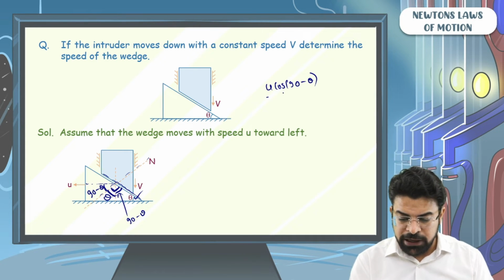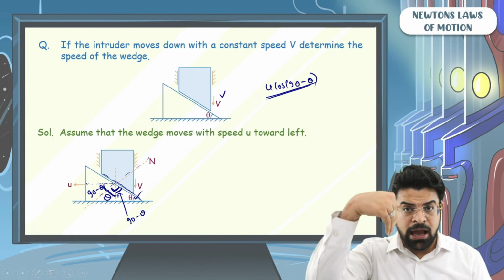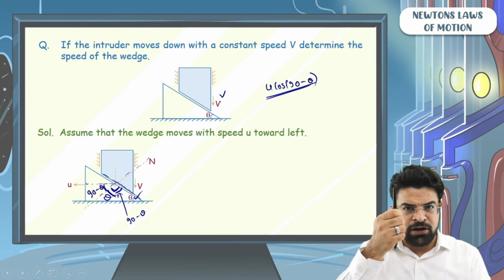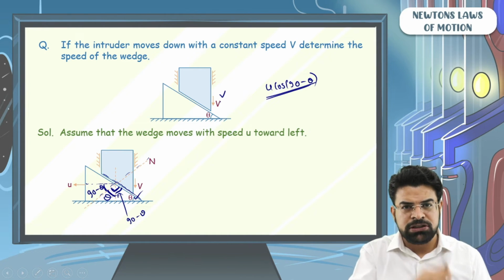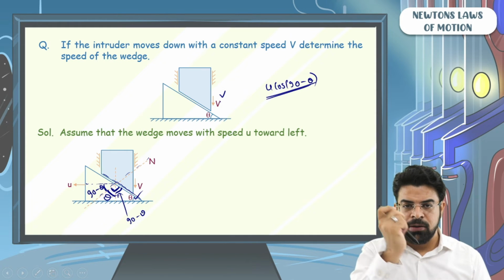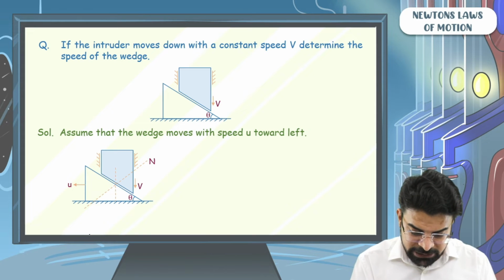Now we need to find the component of the velocity of the intruder along the normal. That we already know. When the force of gravity is downward mg, the component comes out to be mg cos theta. So here the velocity of the intruder is downward v, the component will come out to be v cos theta. But let's find it out. We can say the intruder has downward velocity v.